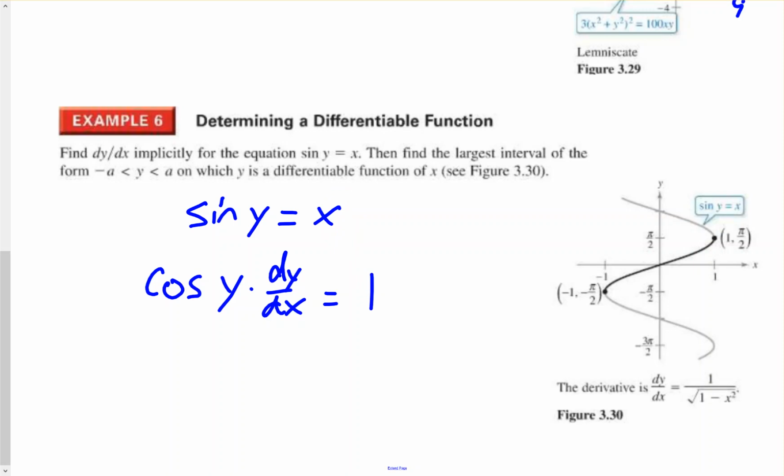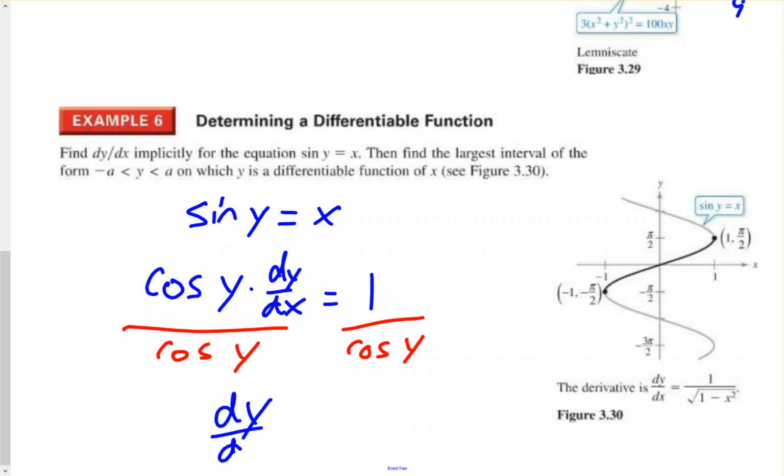Then to get dy dx alone, we can just divide by cosine of y, so we end up with dy dx equal to 1 over cosine of y.